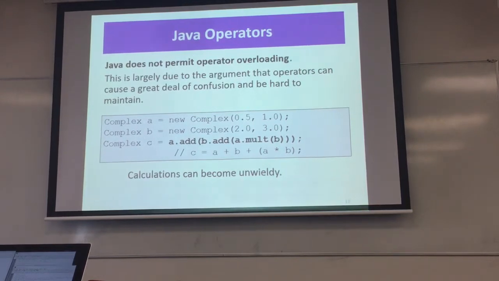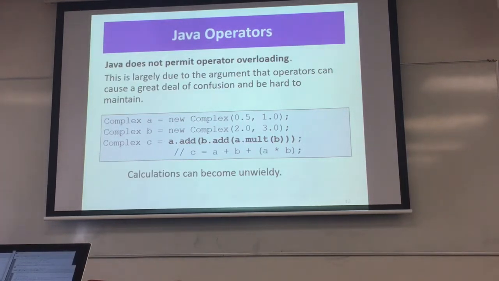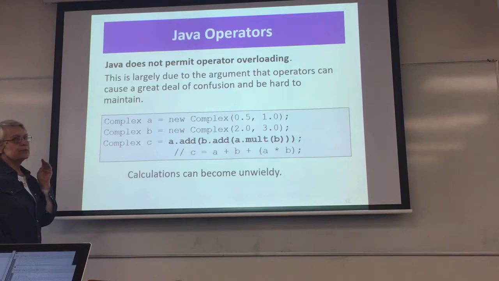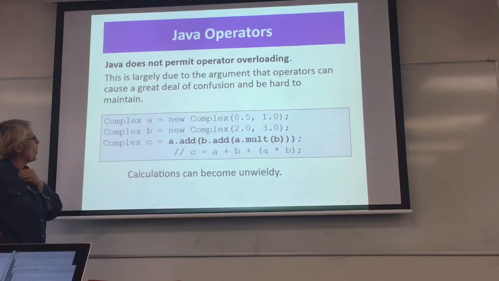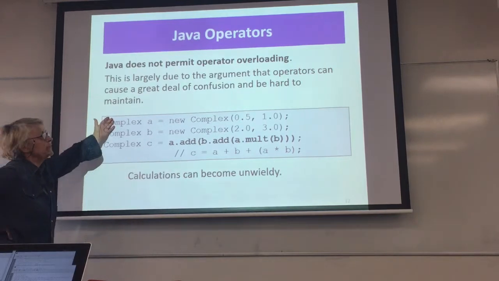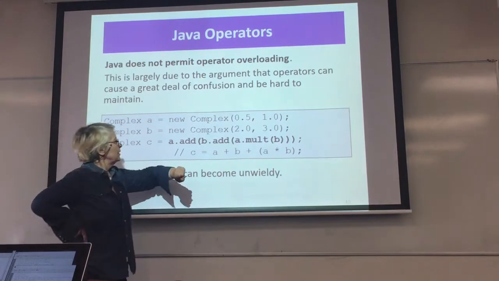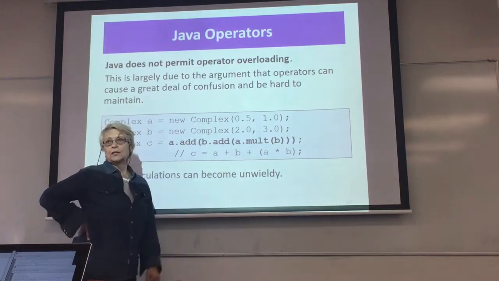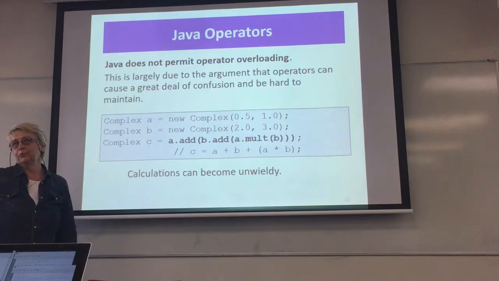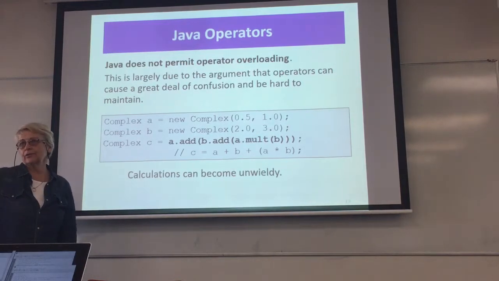No operator overloading, but function overloading is allowed, with one exception. For strings, we have concatenation. But in principle, if you design your own type, like complex as we have done before, you can't use the plus operator to overload. You have to work only with functions.